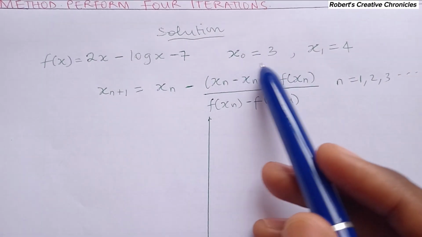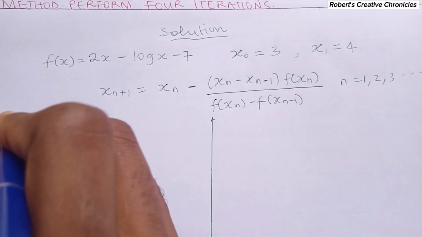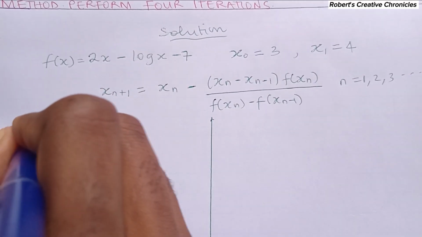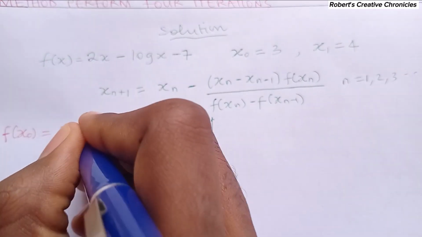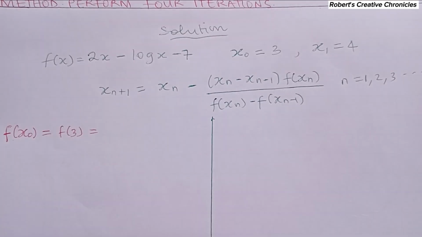So now, for these 2 initial approximations, we are going to find their function values. f(x0), and x0 is 3, is equal to what? We will substitute 3 into this equation.